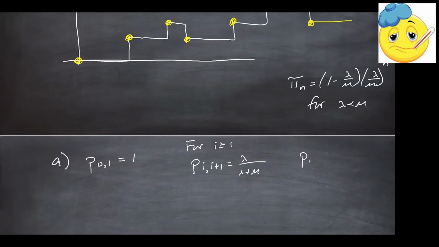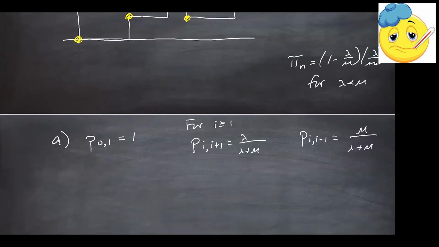And P_{i,i-1} is going to be the death rate over the total rate to the next transition. I might make my life a little simpler and call this Q, since P might be confused with the subscripts, and call the other 1 minus Q or something like that.